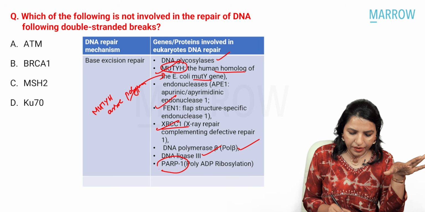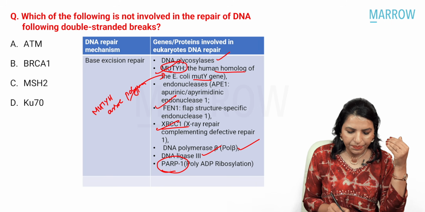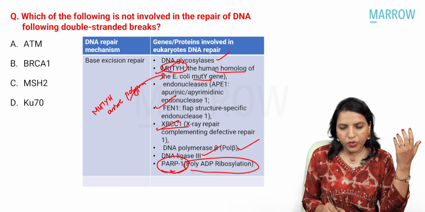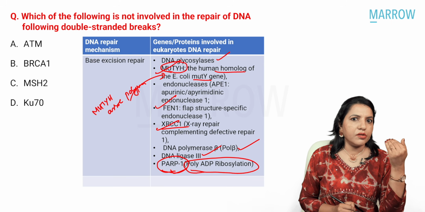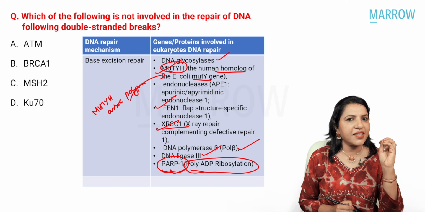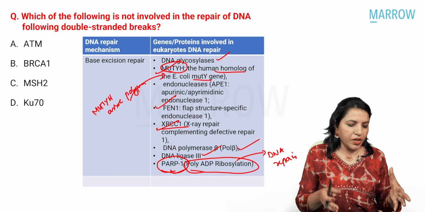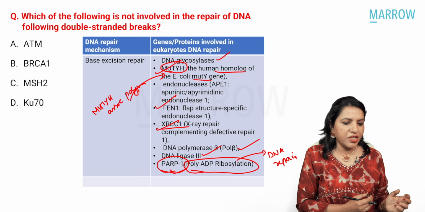One protein that is specially involved in base excision repair is PARP. PARP is an enzyme that carries out a process called ADP ribosylation, which is associated with DNA repair. I have mentioned lots, but we cannot see any of these genes or proteins in the options given here.